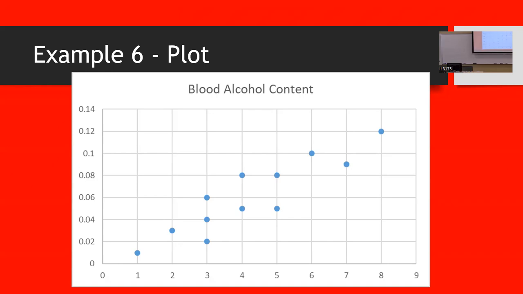Looking at this, it doesn't look quadratic because it doesn't look like it goes down and then back up, right? So it doesn't look like a parabola shape. It also doesn't look rational because we don't have that two different pattern shape. So we basically have a choice between linear and exponential here.